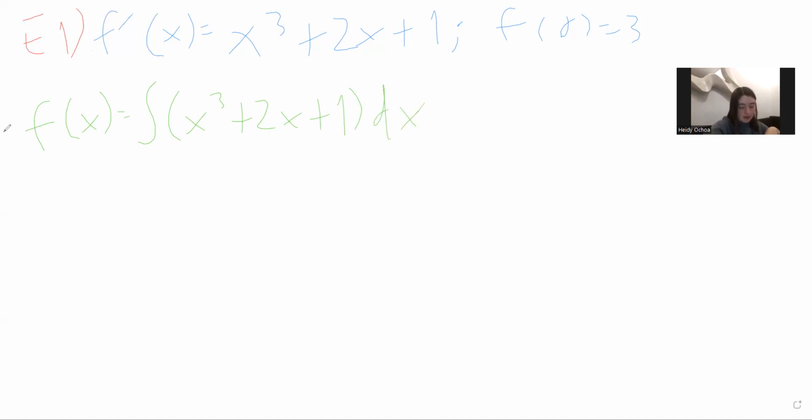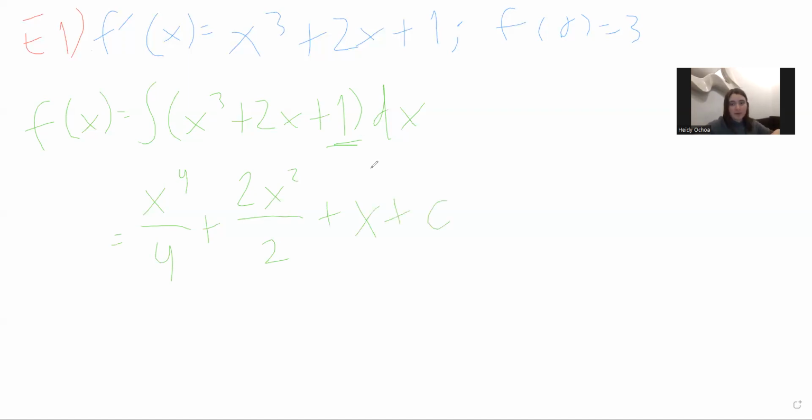And right now we solve this integral, where the integral of x^3 is x^4 divided by 4, plus the integral of 2x, which is 2x^2 divided by 2, and the integral of 1, which is x, plus c.